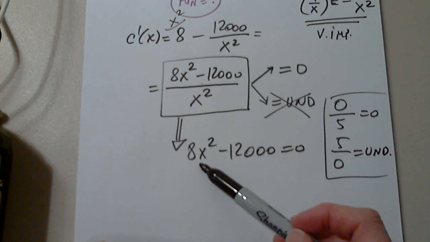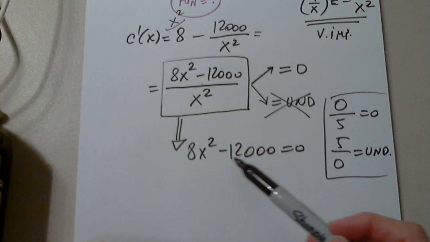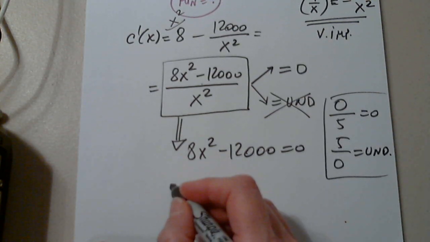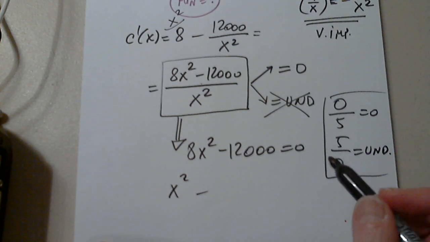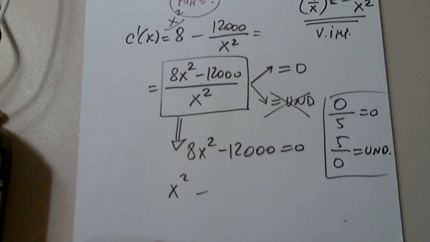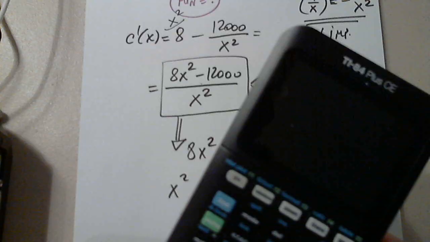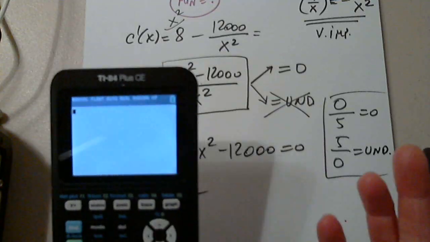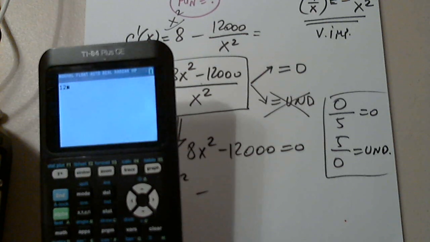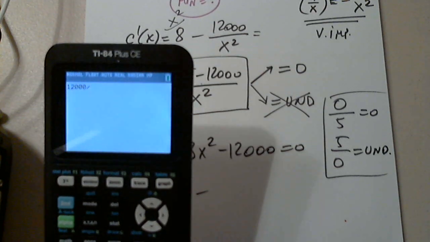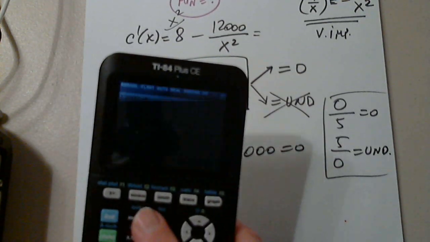So I'm going to try to divide both sides by 8. So x squared minus, quickly, I'm pretty sure because it has 1,000, and 1,000 is divisible by 8. So 12,000 divided by 8 gives 1,500.